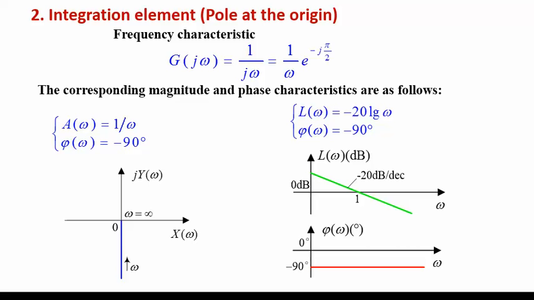Think, do whatever you want, but try to visualize it. 1 over jω. What is the phase angle? Minus 90. The real part is 0 here, so this is tan inverse of infinity with a minus sign, minus 90. What is the magnitude?